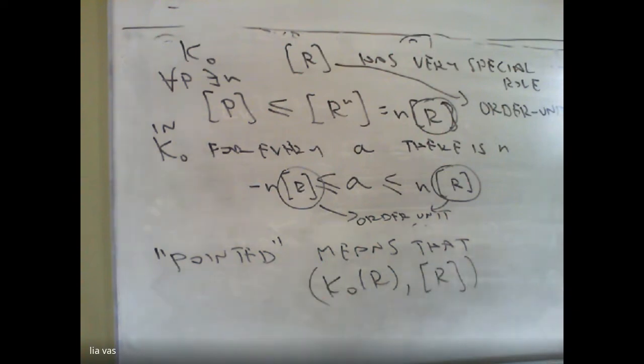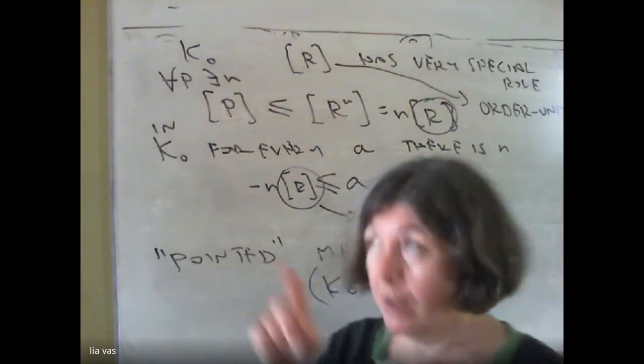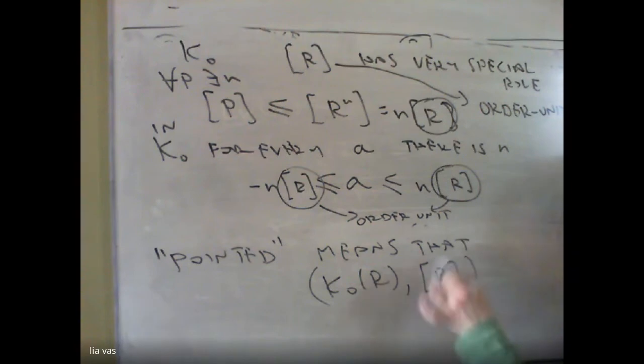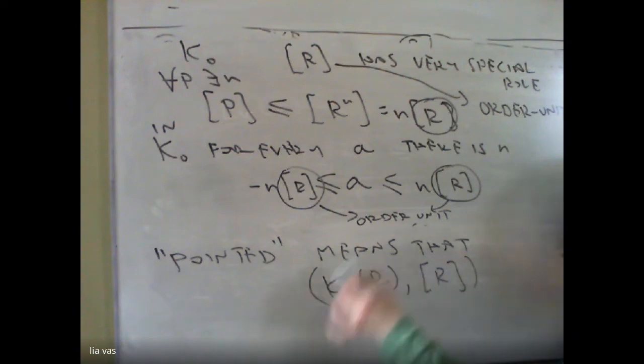I mean, there can be other order units, not just this special element, but we are always going to consider this R here, right? So with order unit just means that you are not looking at the group alone, you are looking at that group with some order unit.